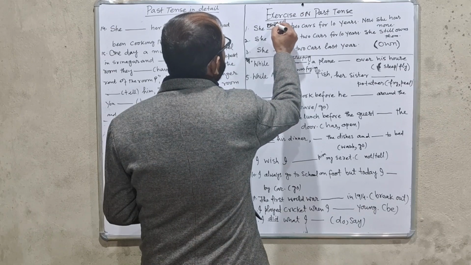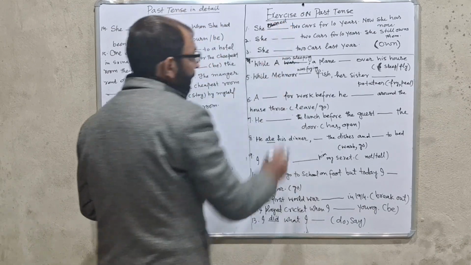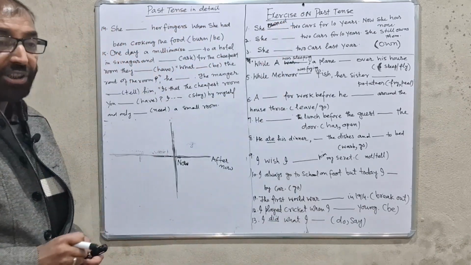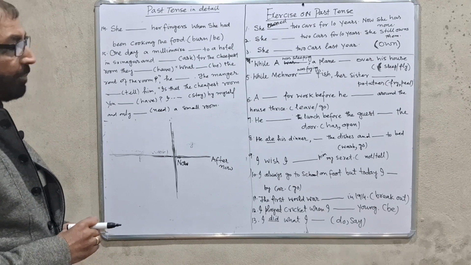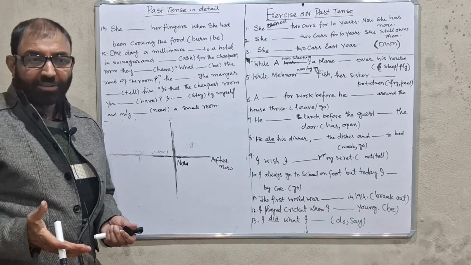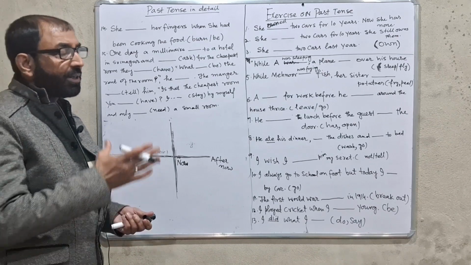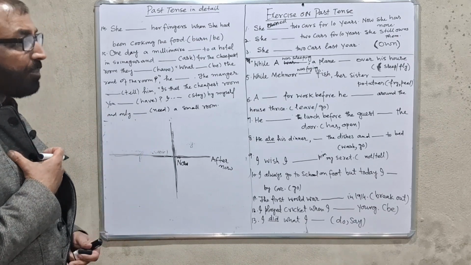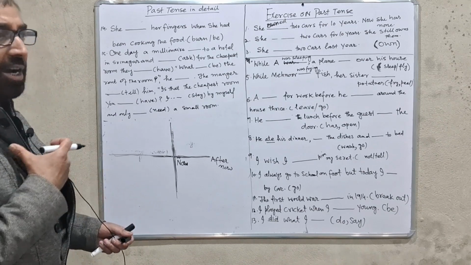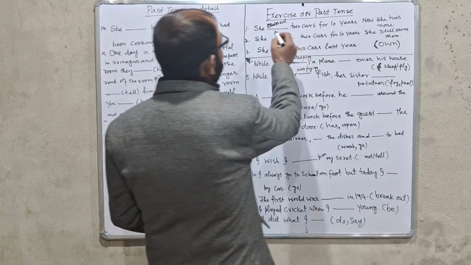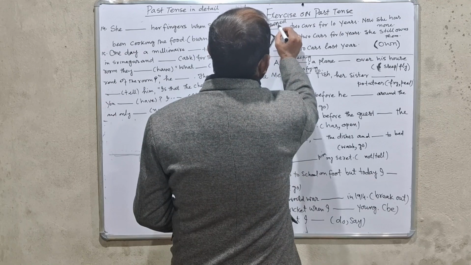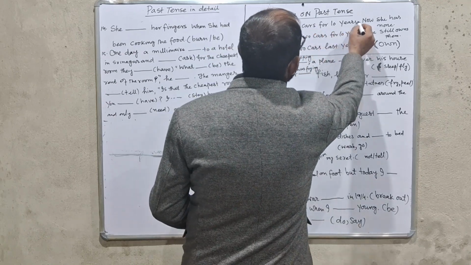A verb shows action. Sometimes it shows a state of being. For example, I say, I was ill. I was performing no action, but simply I refer to my state of being. In the same way, we say, she owned two cars for 10 years.